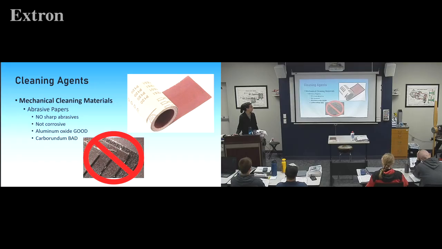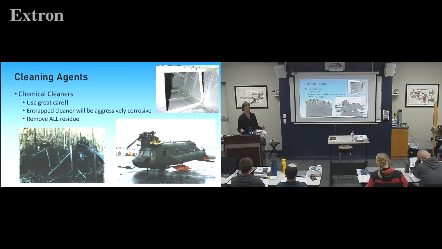When you are using chemical cleaners, especially acidic stuff, we'll talk about this tomorrow, I believe, with removing corrosion, be very careful. Generally, if you're using a chemical cleaner other than mild soap, you're going to remove the part if you can, and clean it in a safe area. Wash it, dry it, take it back to the aircraft.